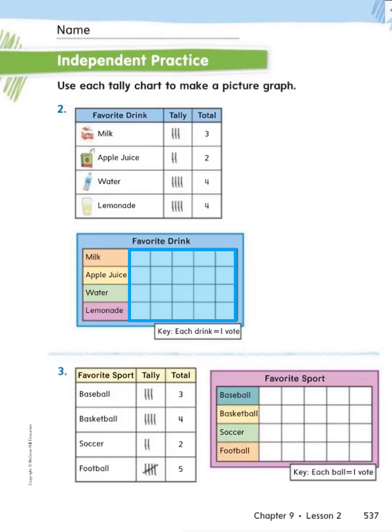So I'm going to pause the video to give you a chance to fill in and complete the picture graph. Remember, you can use an X, you can color in the squares, you can use dots, you can use stars. If you have very, very tiny stickers, that's fine. It's not art class. We're not going to go crazy with pictures.